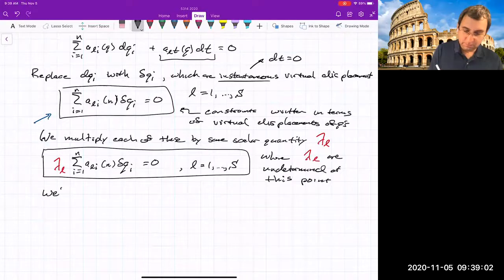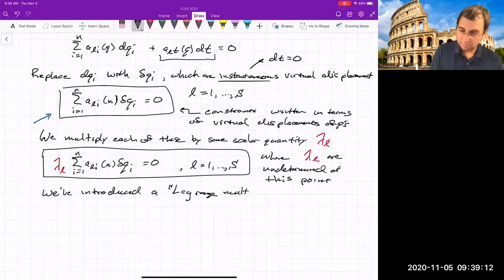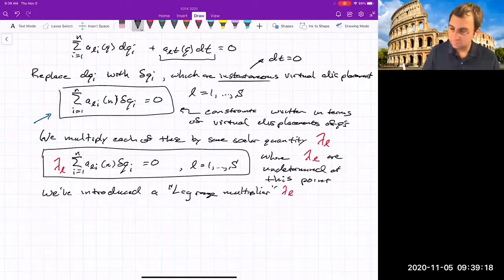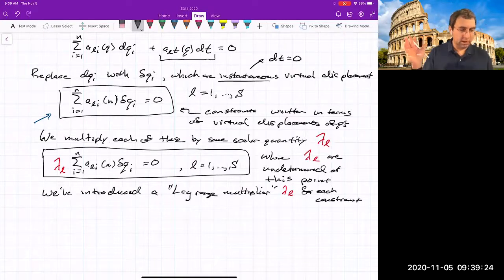So we've introduced a Lagrange multiplier lambda L for each constraint. That's okay. We can do that. So we have a system of equations that are still true.